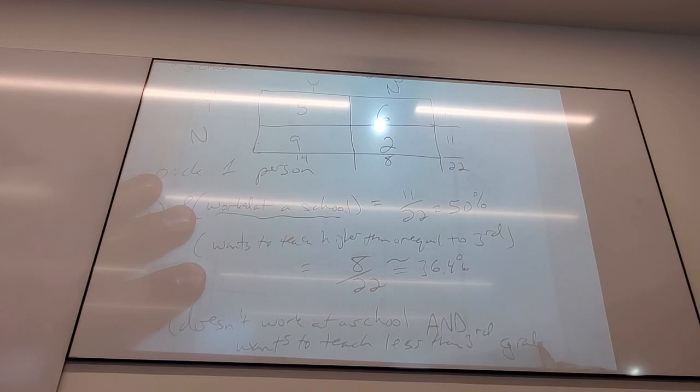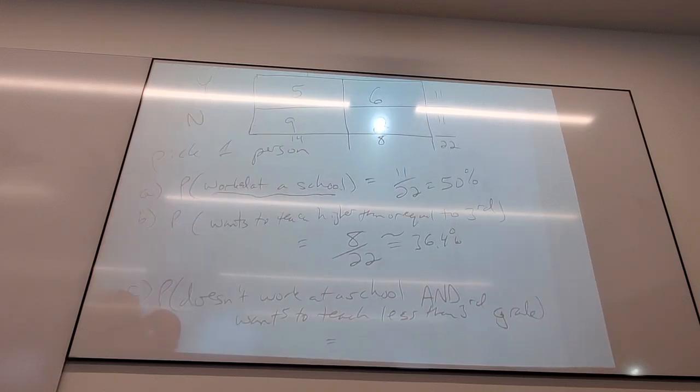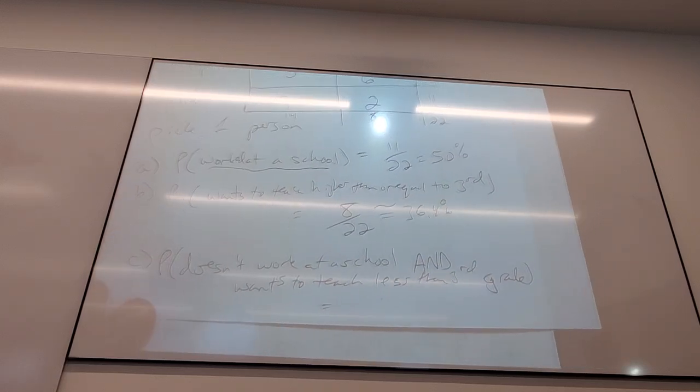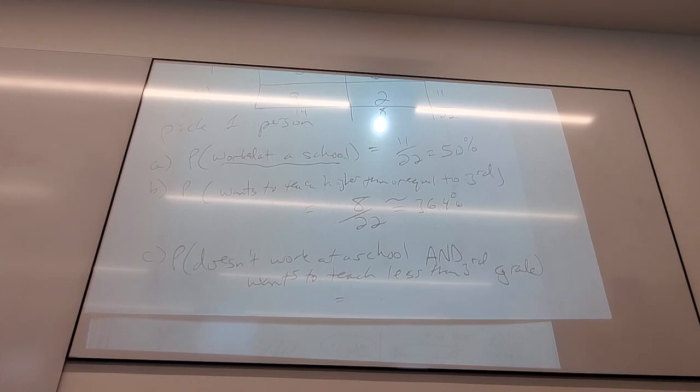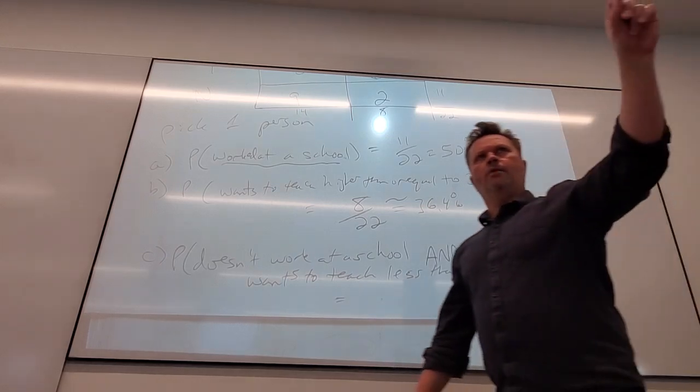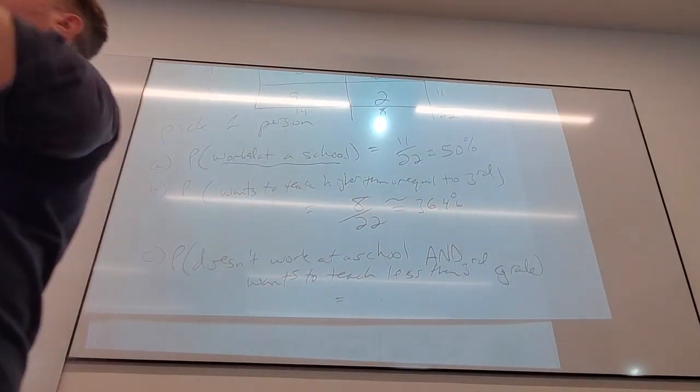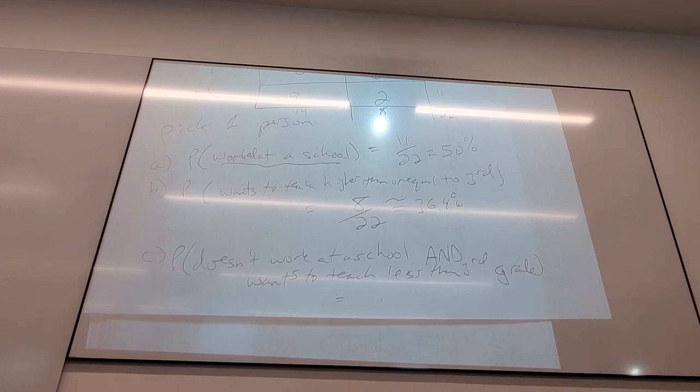I'm aware that my word choice there is a little weird, but oh, I'm a math guy. Give me a break. Probability, I pick somebody who does not work at a school and they want to teach less than 3rd grade. They want to teach under 3rd grade. Lower than 3rd.